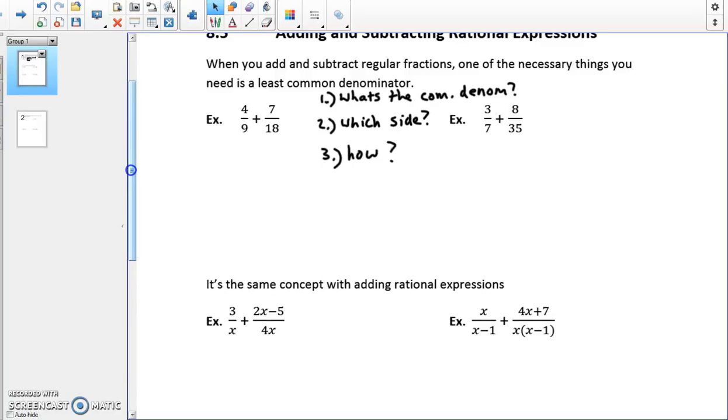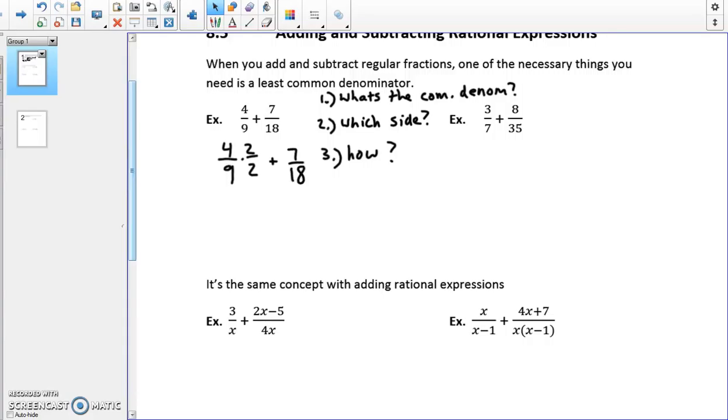Okay, so looking at the first example, what's the common denominator here? Our denominators are 9 and 18. Our common denominator is 18, and that is on the right side, and so we need to fix the left side and make it 18 by multiplying by 2. So I'm going to take the fraction and multiply it by 2.